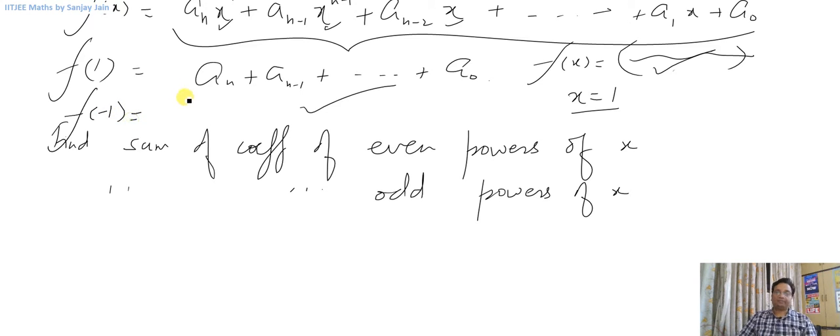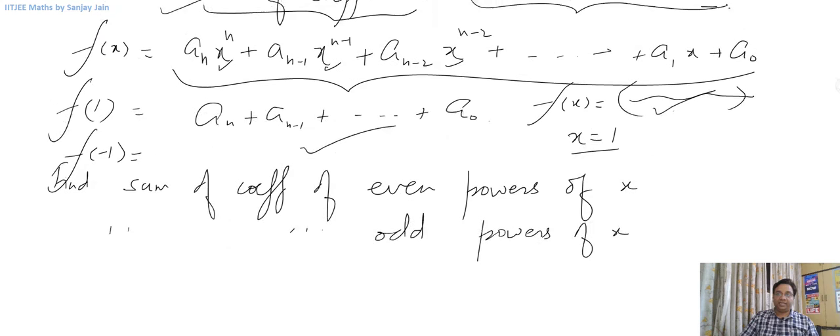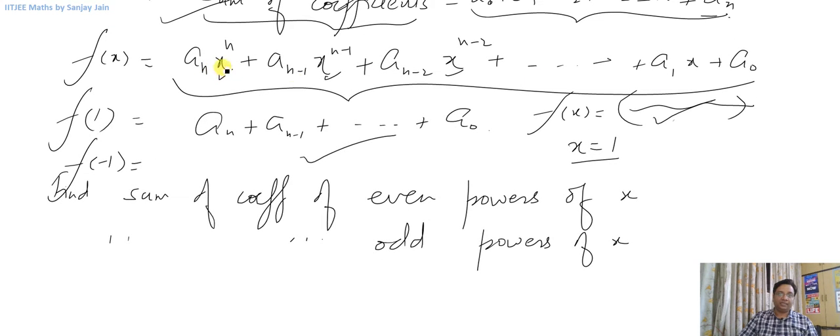When you replace x with minus 1, depending on n being odd or even, if n is even, it will not change the sign of this term, but if n is odd, then this term will change its sign.